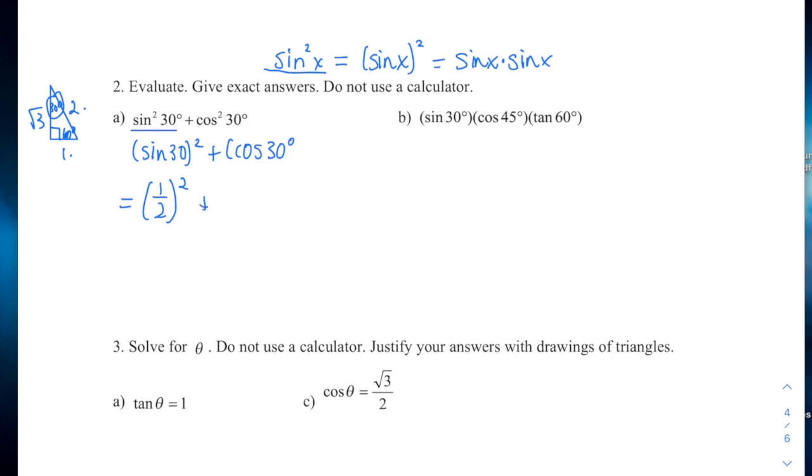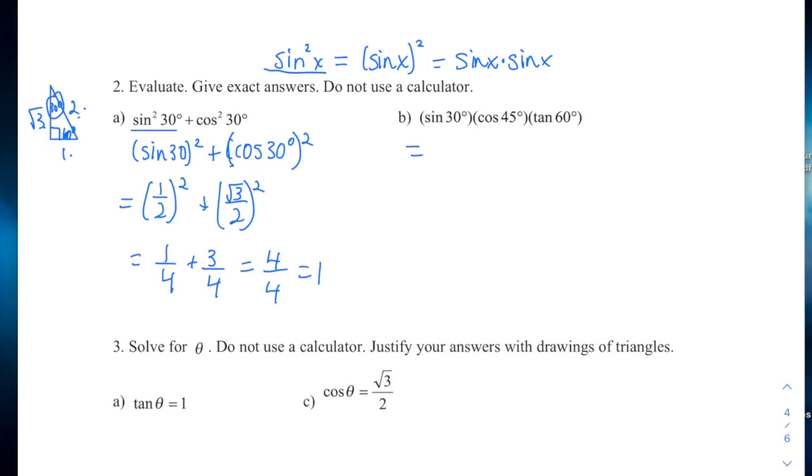And I know cos of 30 is adjacent over hypotenuse. And we get a nice and neat number.